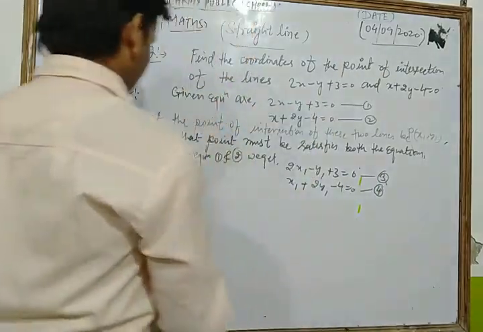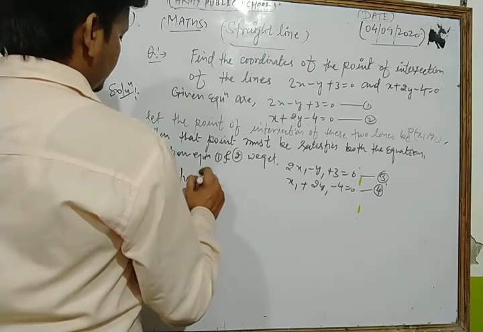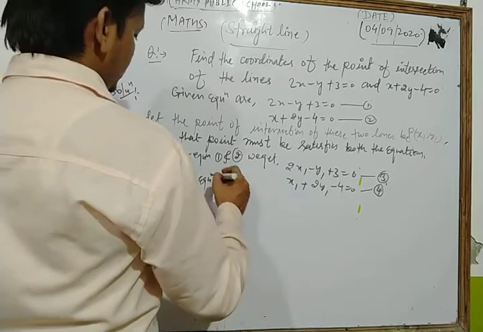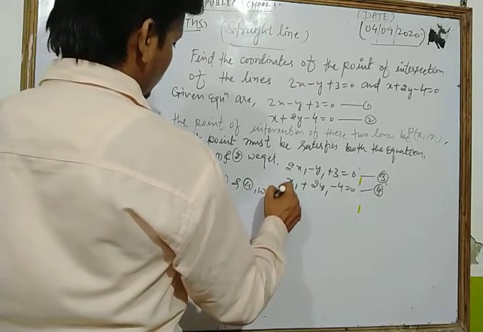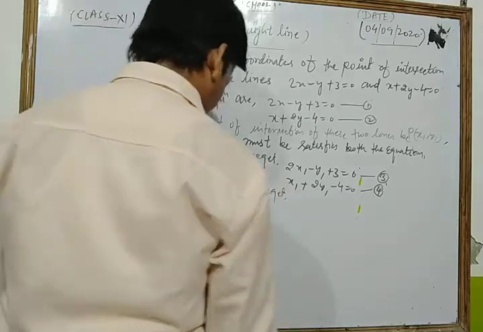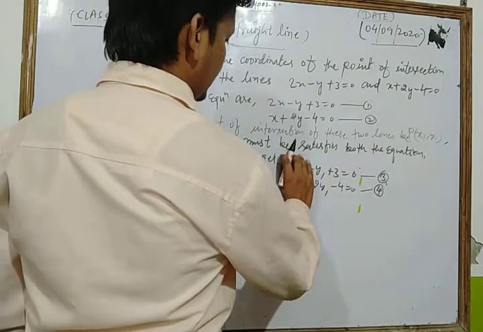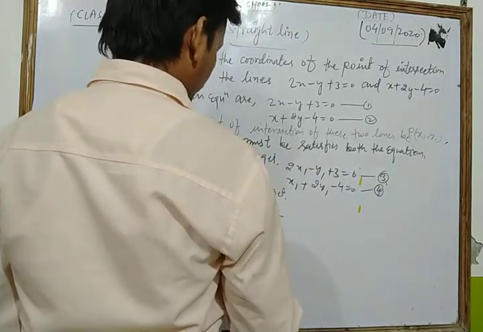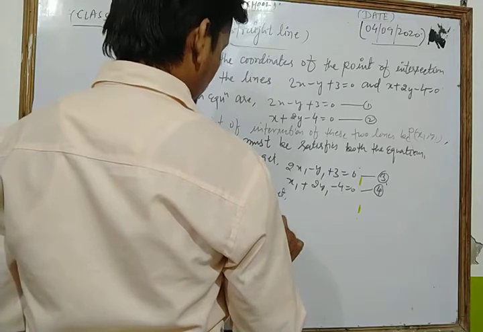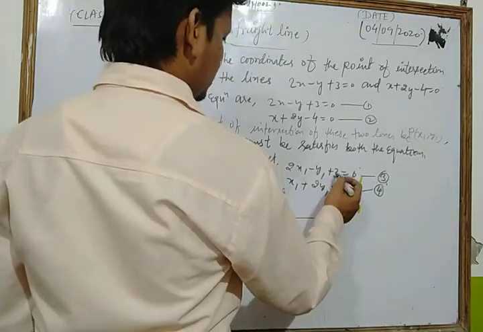Now let's see what we get. First we take x1, so we get minus 1 into minus 4 minus 3 into 2.